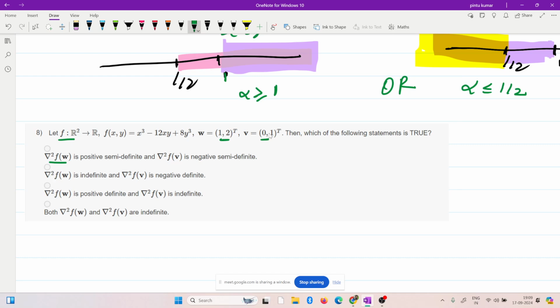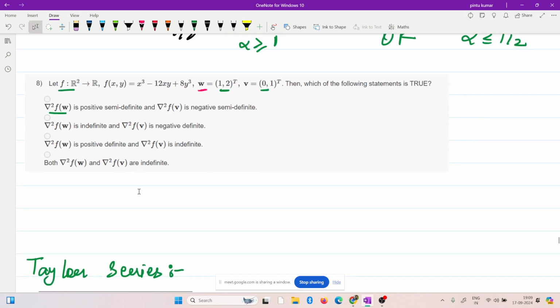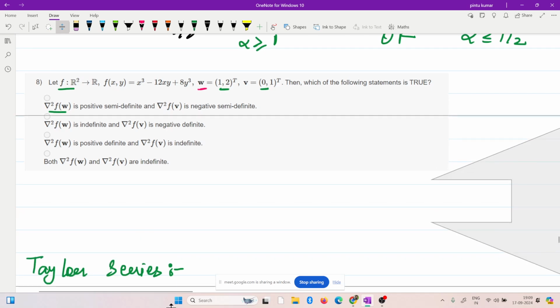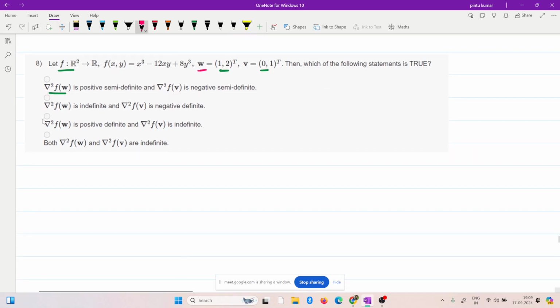First calculate the Hessian, then evaluate at these points, and then check. I can solve for the Hessian at W, and you can try for point V. Let's go step by step. I won't skip any step.